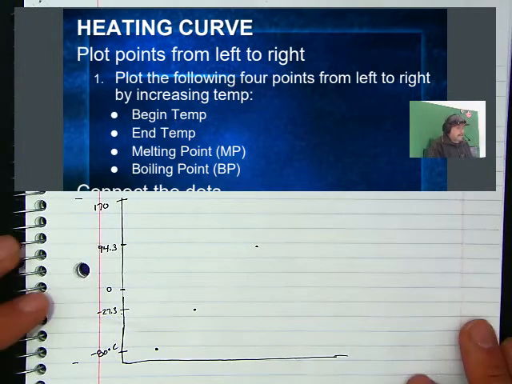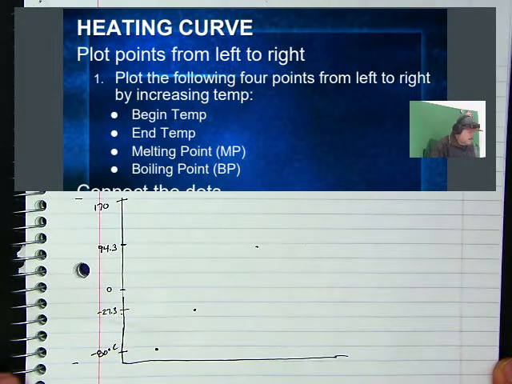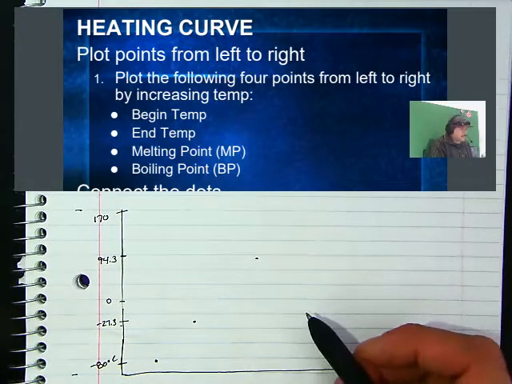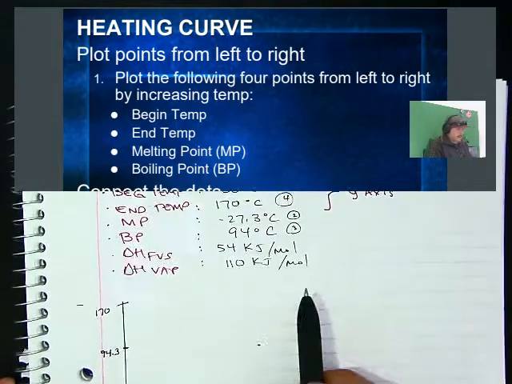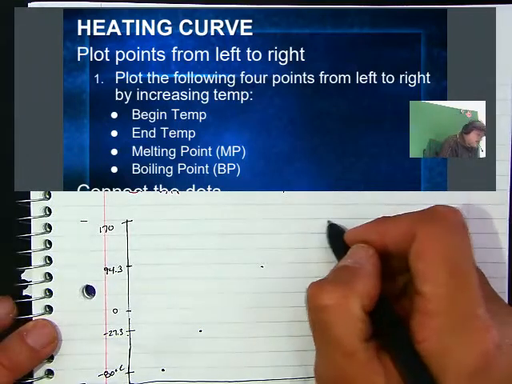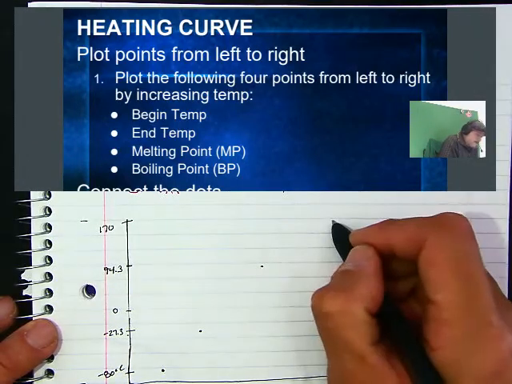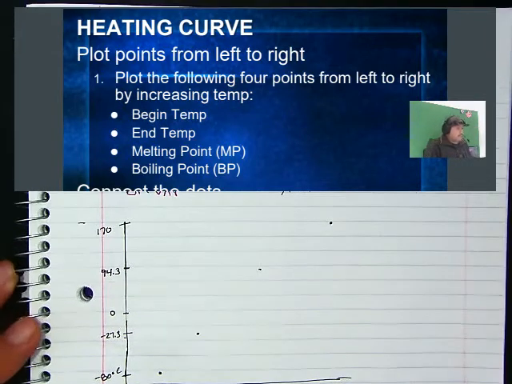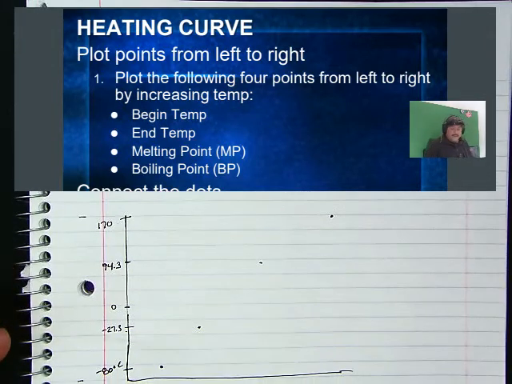It just happened to be that way. I'm not doing that on purpose. It just seems to be working out that way, just the way I'm spacing it out. You can space them further out. It takes a little time to get used to it, to get to the perfect drawing, if you can make one. The end temperature is at 170, so I'm just going to pick that somewhere right there. So there are my 4 points plotted from left to right in increasing temperature.